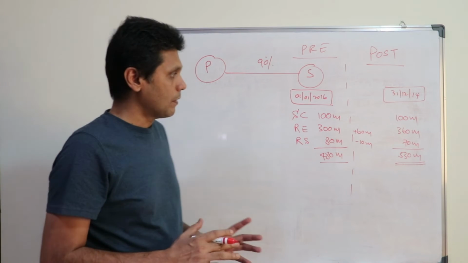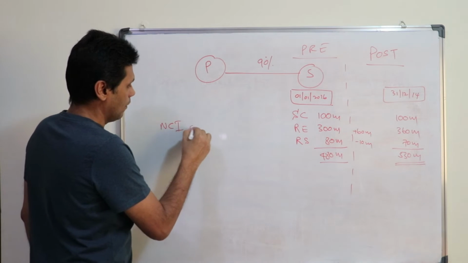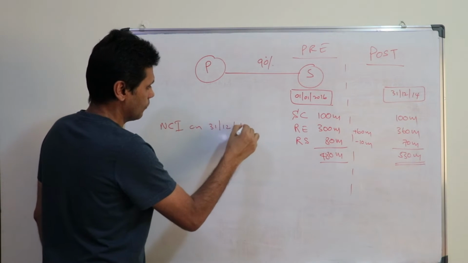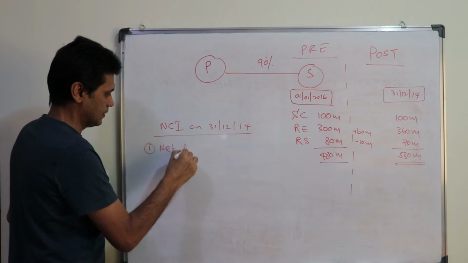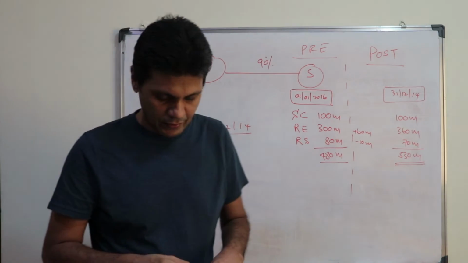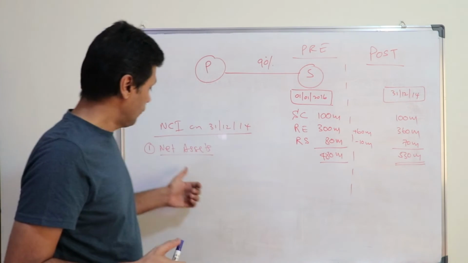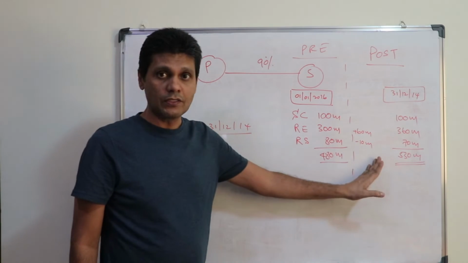Okay, so the NCI on 31st December 2014 based on net assets. So how do you calculate this? If it is based on net assets, forget about the pre and post.